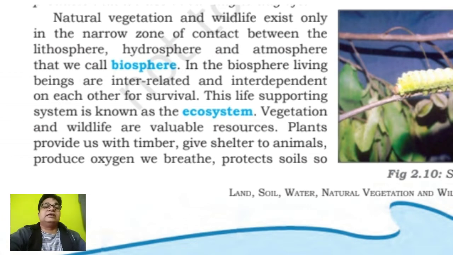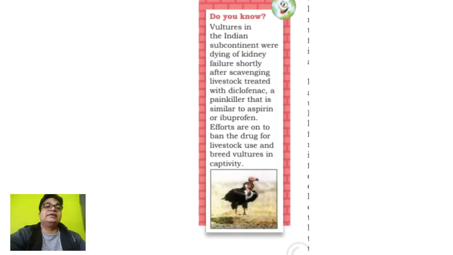In biosphere, living beings are interrelated, meaning interconnected and interdependent on each other for their survival. This is known as ecosystem. That means plants depend on nature, animals depend on the plants, and human beings depend on both. So in this way ecosystem exists.